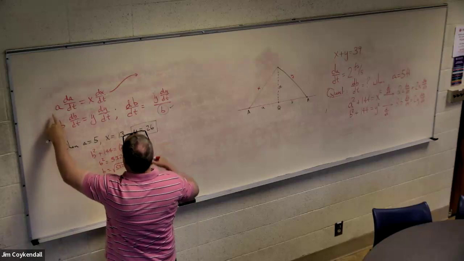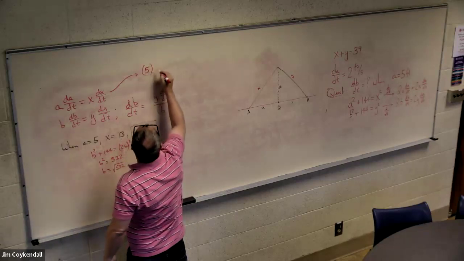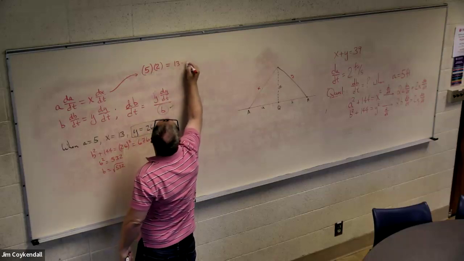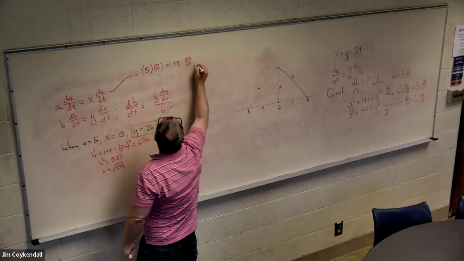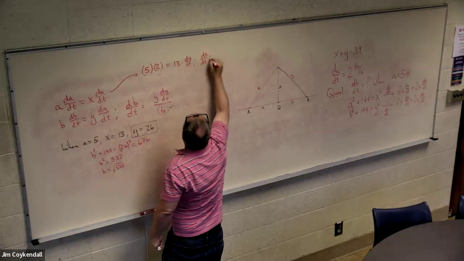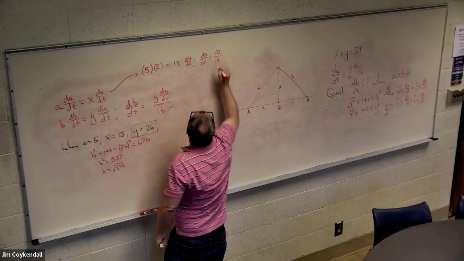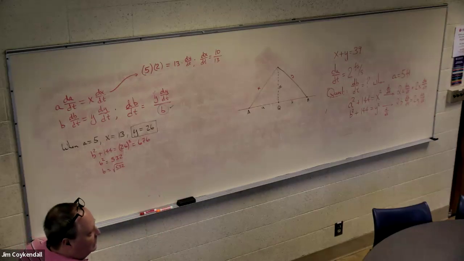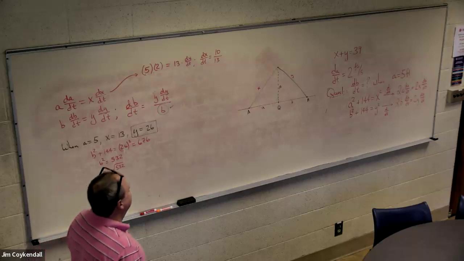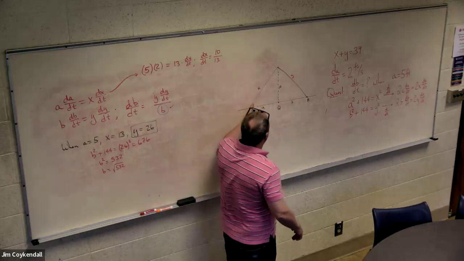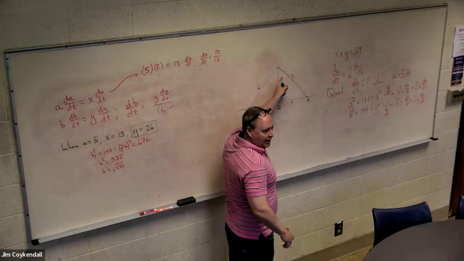So A is 5. da/dt is 2, x is 13, and so dx/dt is 10/13. But I don't need dx/dt, I need dy/dt. However much you're pulling in, you're making y shorter, right?